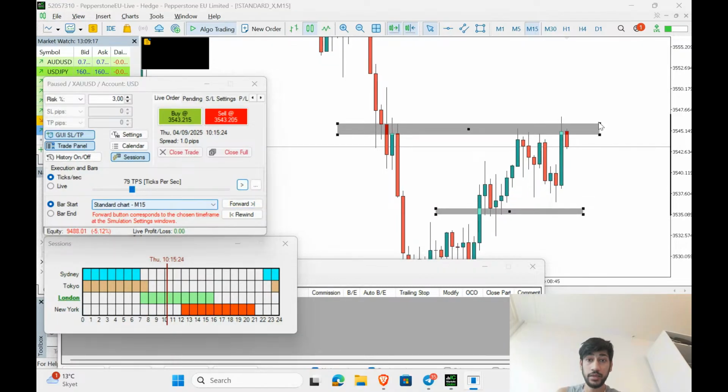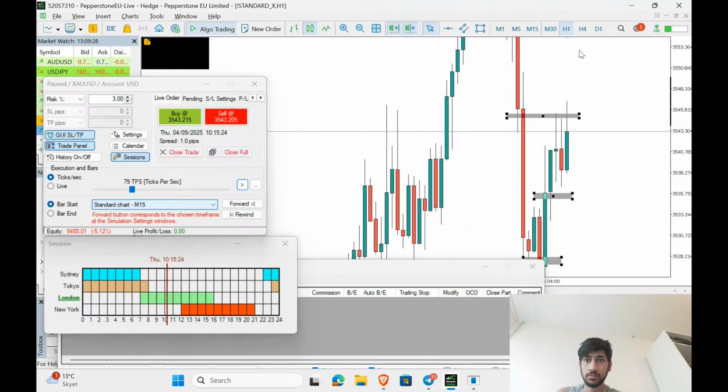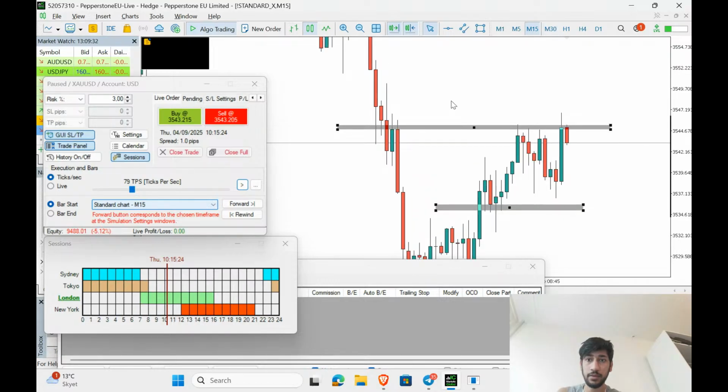If we closed above this resistance, right above, H1 moving up, broke the high, H4 moving up, M30, M15, yeah. If it breaks its own high, it's very high probability we're moving up. Right there, brother.